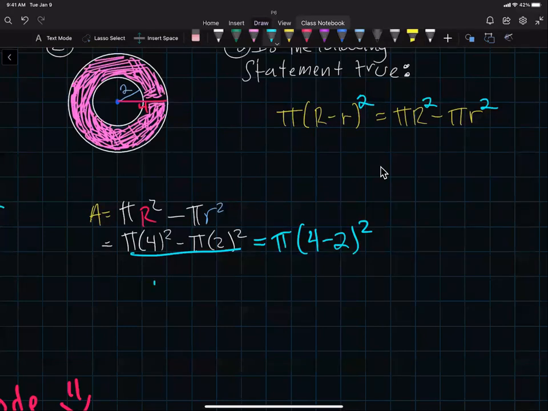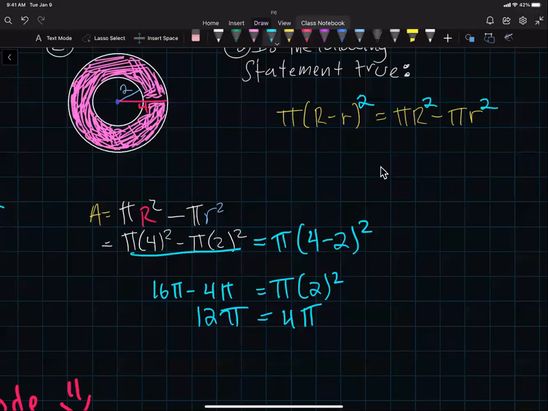There's going to be 16 pi minus 4 pi, and this one's going to be pi 2 squared, right? And then there's going to be 12 pi. And this one gives me 4 pi. So is it the same? The answer is no. They are not the same. You cannot distribute an exponent to the things that you have inside it. That is not the same as squaring both of them.